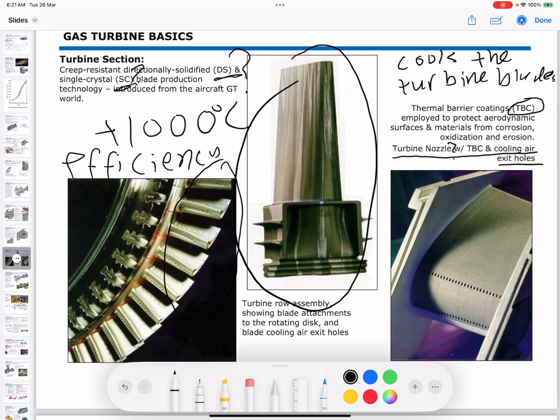So what is a turbine nozzle? Turbine nozzles in general are components in gas turbines and jet engines that control the flow of hot gases to extract energy and drive the turbine blades. They also accelerate and direct the flow to optimize energy conversion.